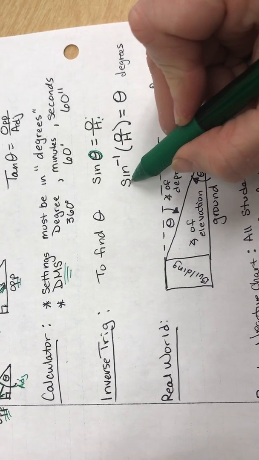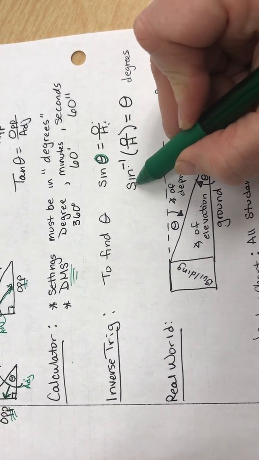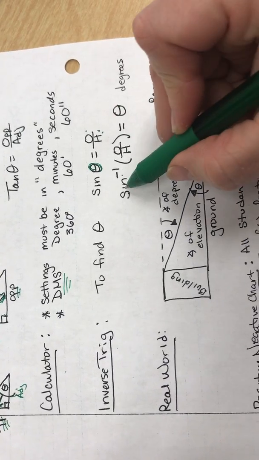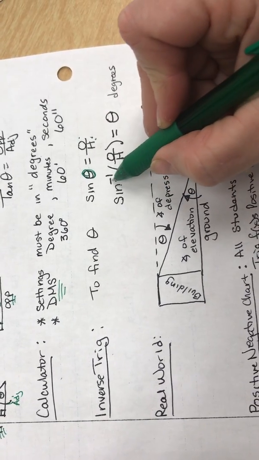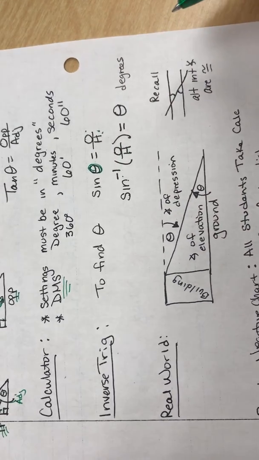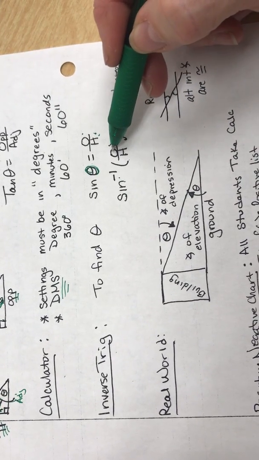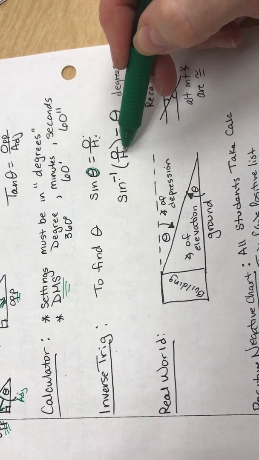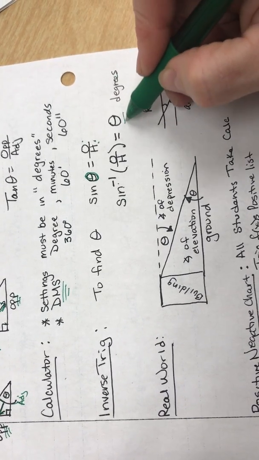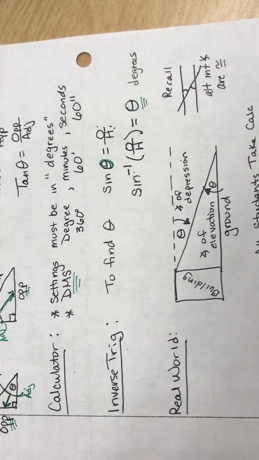You look for the button that has inverse sine. Once you hit the button, it'll come up sine to the inverse, to the little -1, and then a parenthesis, and you would put the fraction of side over hypotenuse, and when you hit enter, it will give you the degree measure, okay?